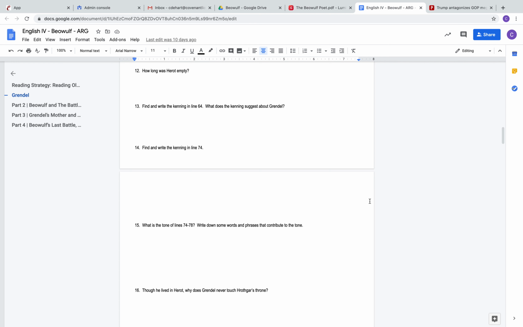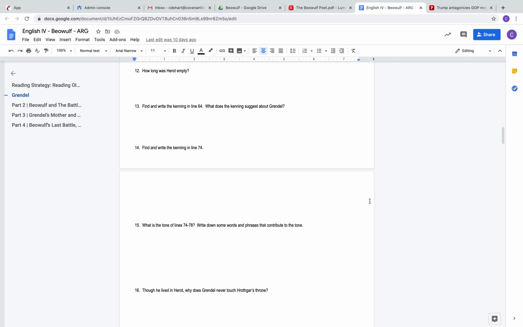So mankind's enemies continued his crimes, killing as often as he could, coming alone bloodthirsty and horrible. Though he lived in Heorot, when the night hid him, he never dared to touch King Hrothgar's glorious throne, protected by God, God whose love Grendel could not know.